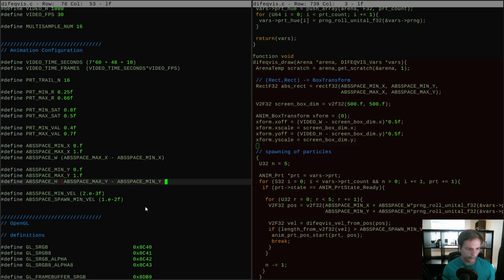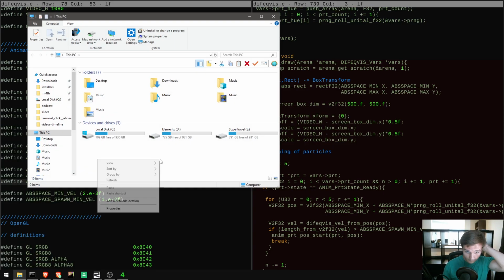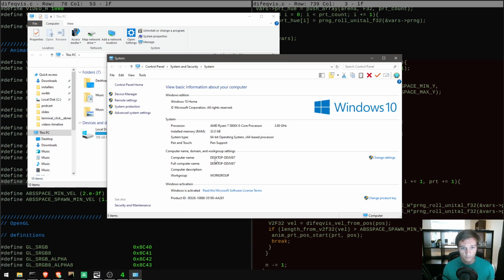Let's take a look. Here we go. Processor, AMD Ryzen. 32 gigs of RAM. 64-bit operating system.